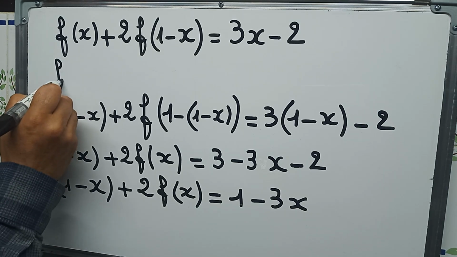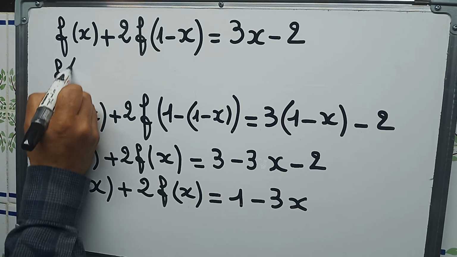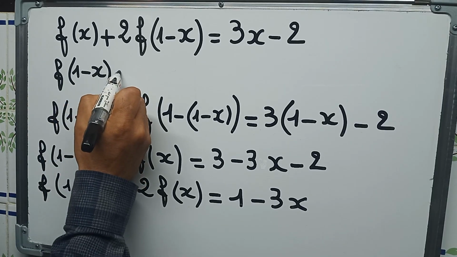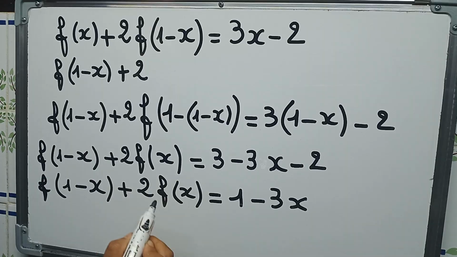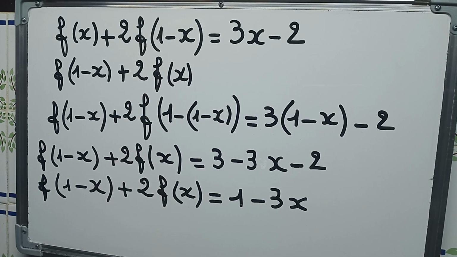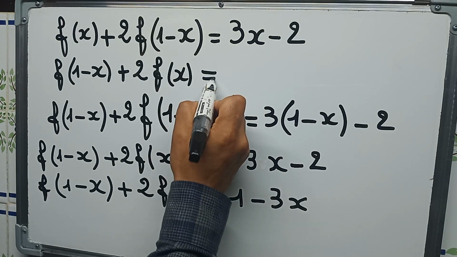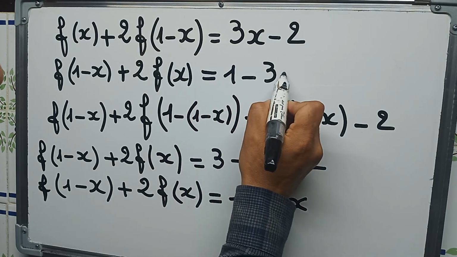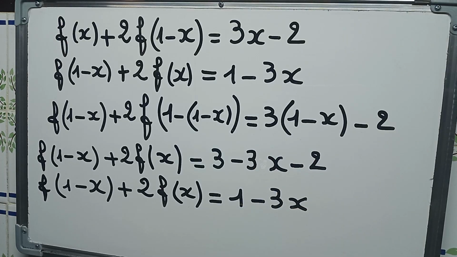Now we have gained our second equation, so we will write it just here. So we have f of 1 minus x plus 2 f of x is equal to 1 minus 3x.